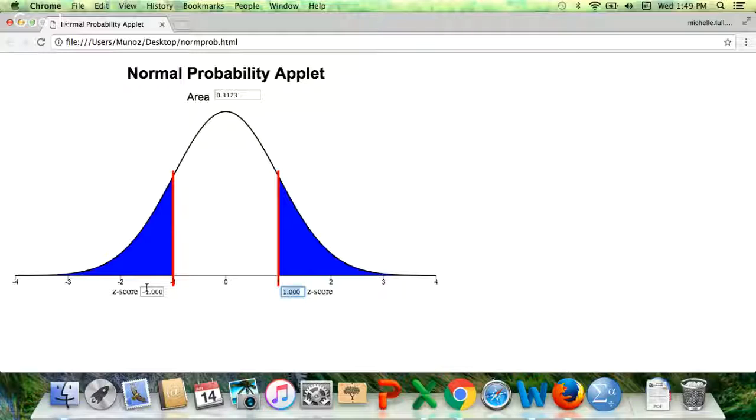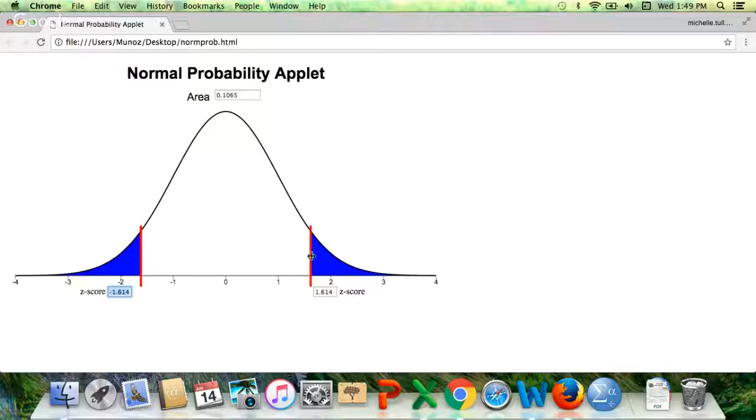So our z-score should be negative 1.614. And then we put it in the normal applet. Right. And I have that right here. So if I put in my z-score, negative 1.614, then it's 0.0533. Okay, and that's what they say here.